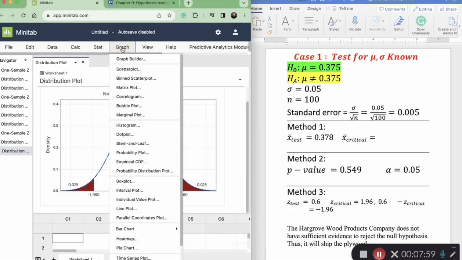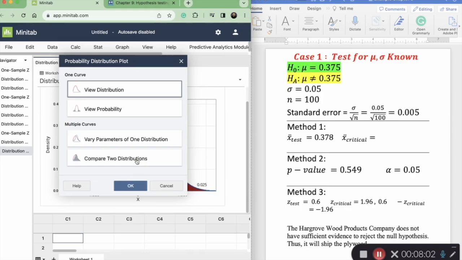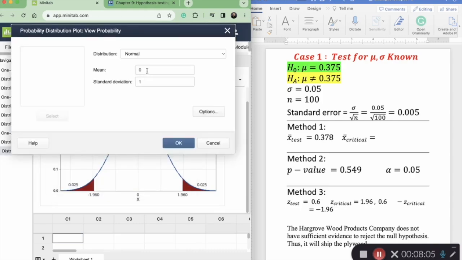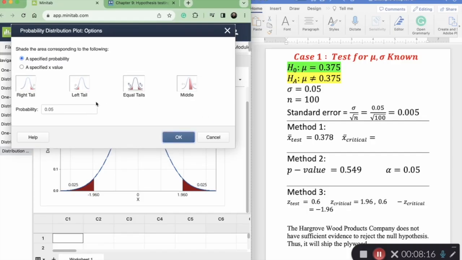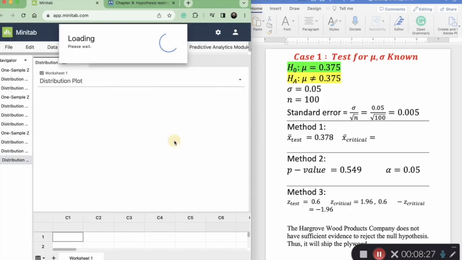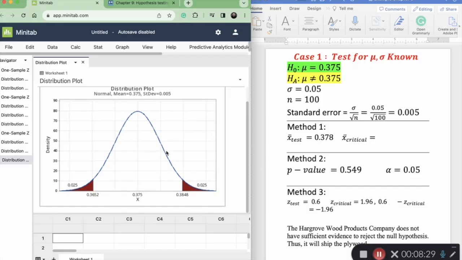To do the last thing here, the mean 0.375, standard error 0.005, options equal tails, right? So what is the X bar test?